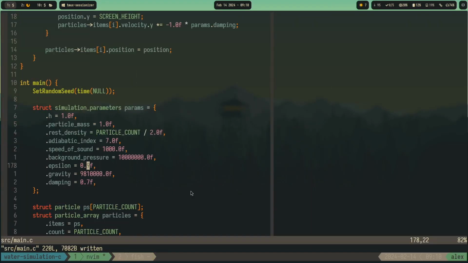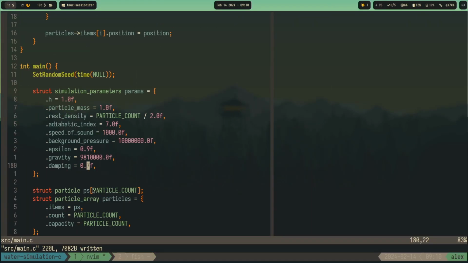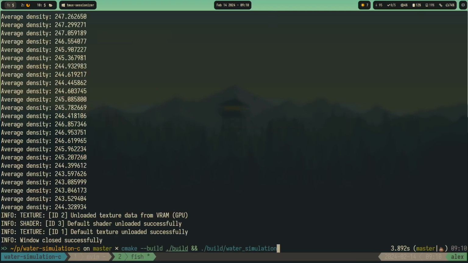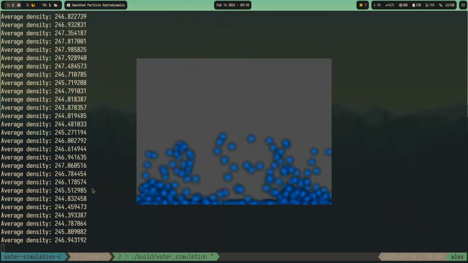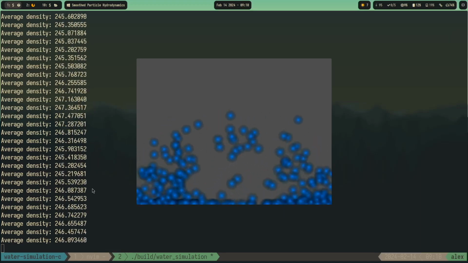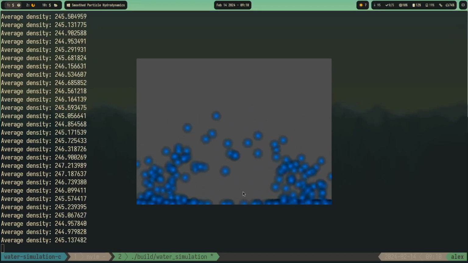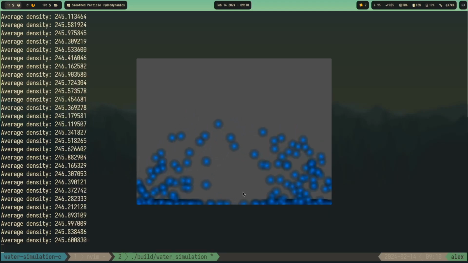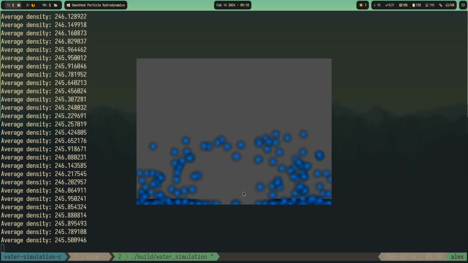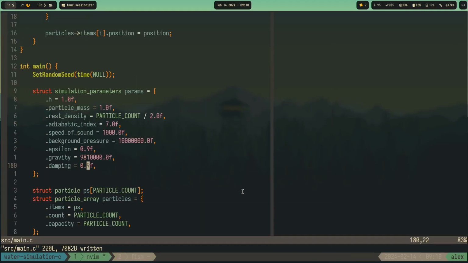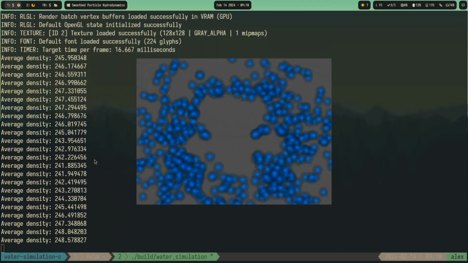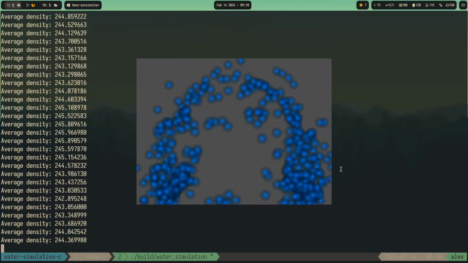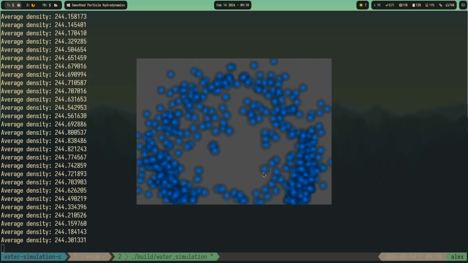But it looks weird. Let's increase the damping. Huh, well, it looks a bit better like this. What if we decrease this level without that much gravity?